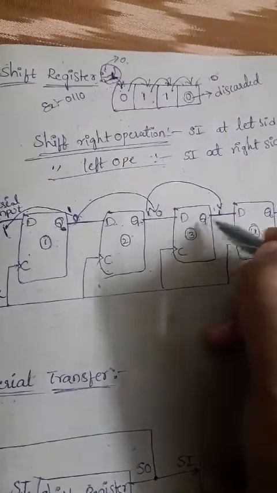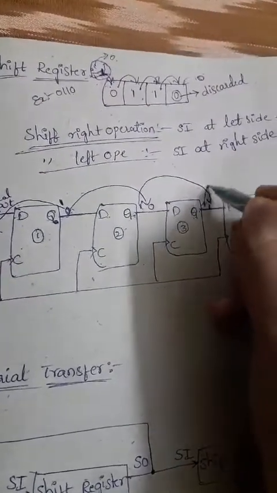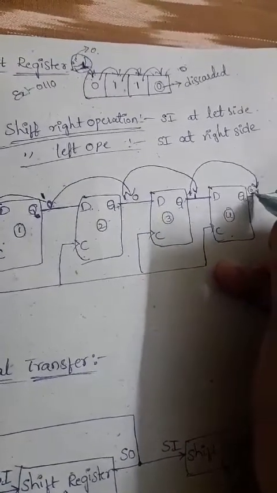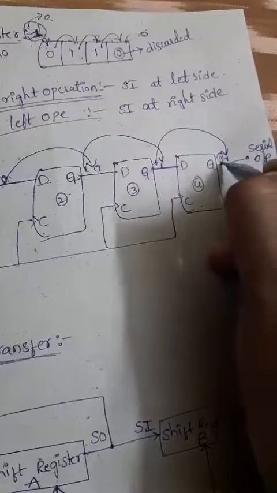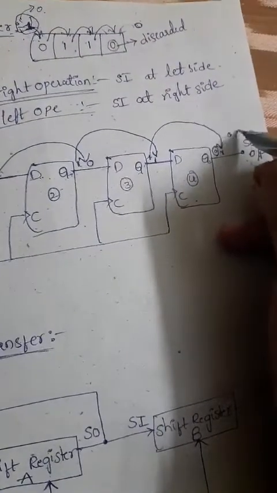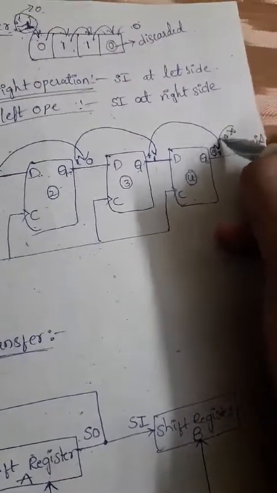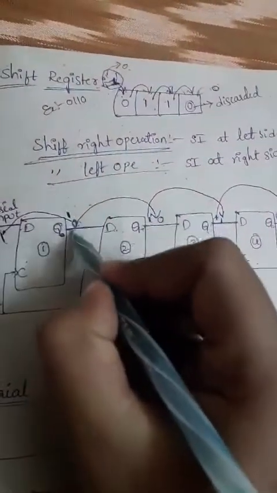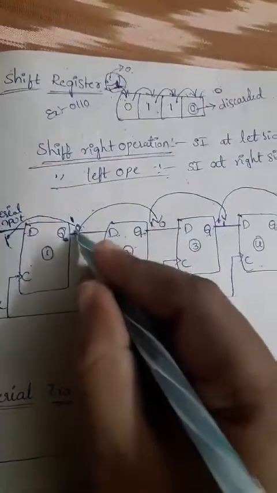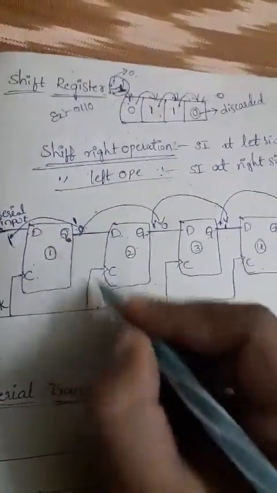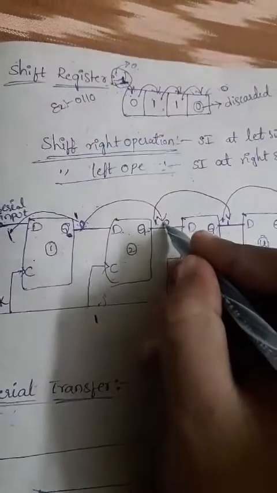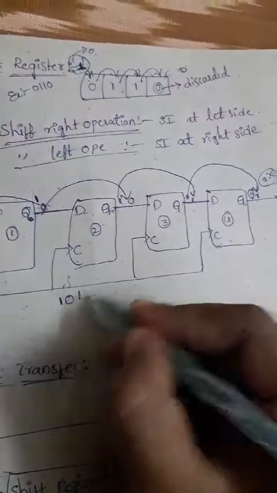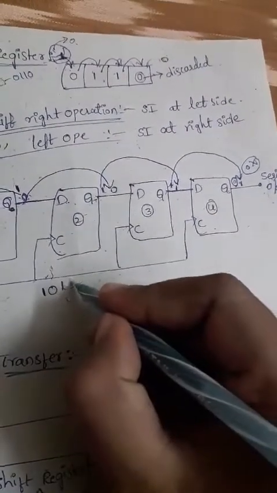And the previous output of Q2, this 1, will be shifted to here. And the previous output of the last stage of this shift register, this 0, will be discarded, so we can eliminate this value. Finally, the new information is 1, 0, 1, 1.